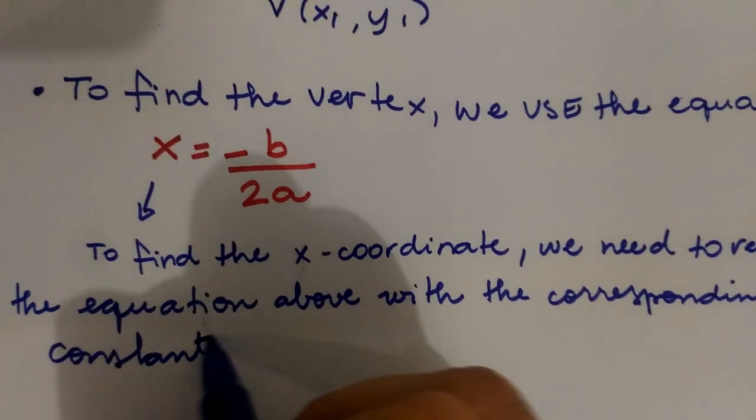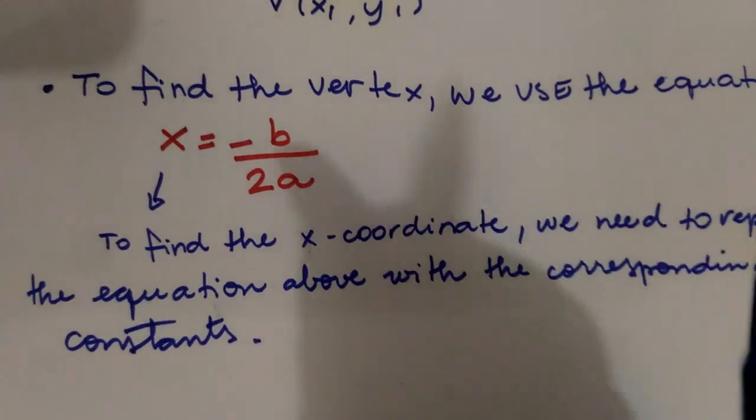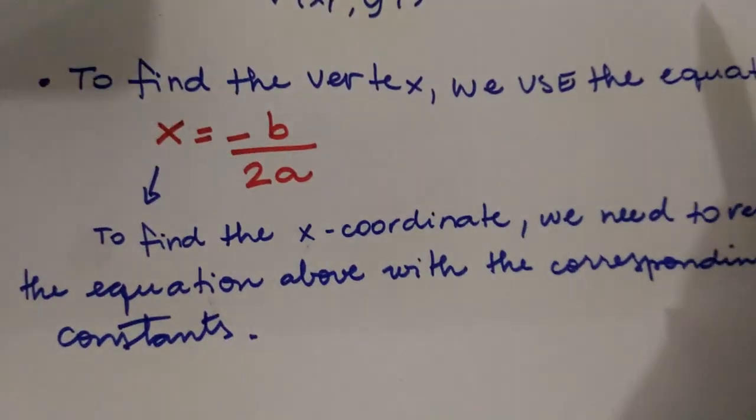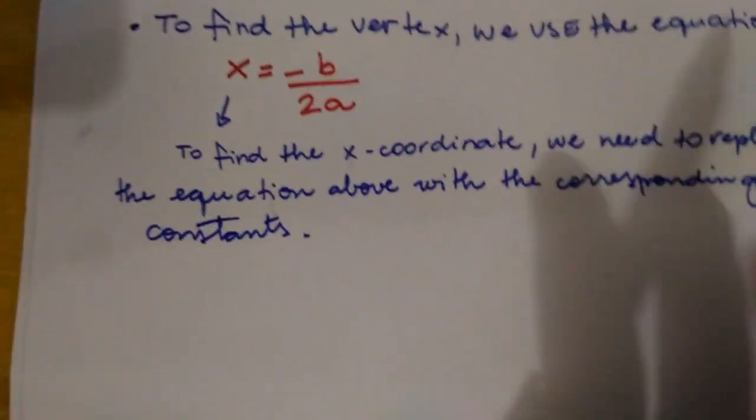So this is the first reason why we have to identify who's A, who's B, and who's C in every single function we get.